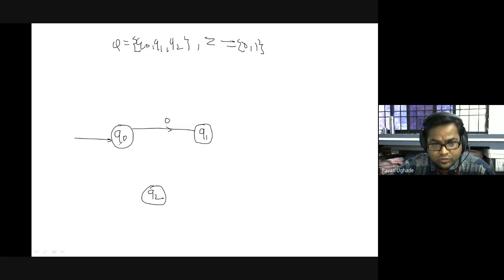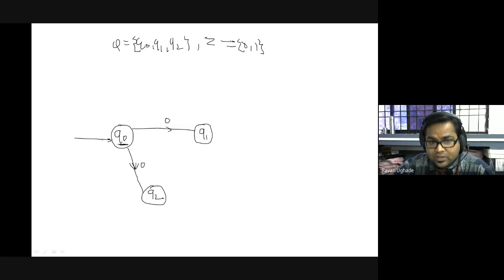From q0, if I give a transition over 0 to some state, then in the deterministic finite automata there is no possibility of another transition over the same alphabet from the same state.